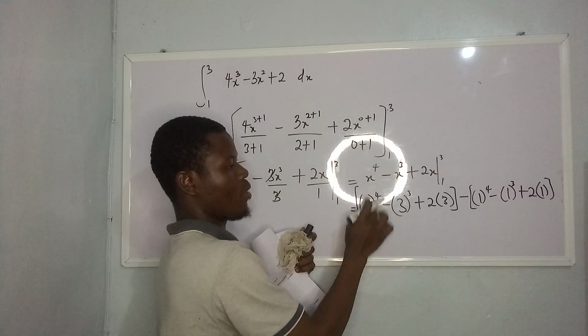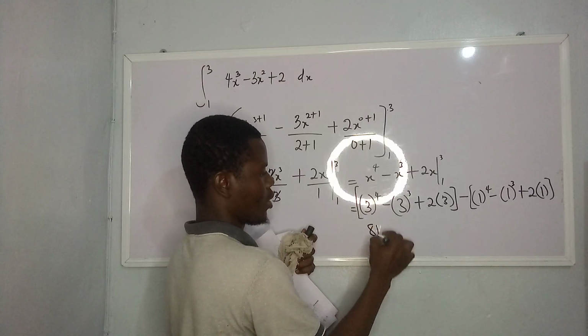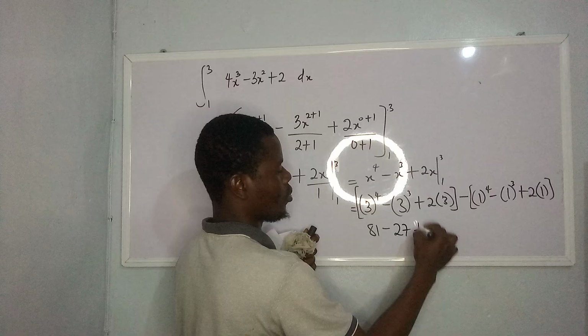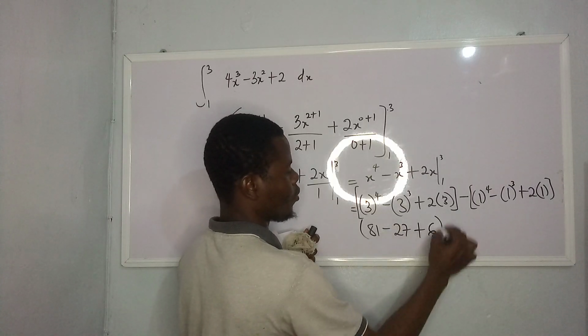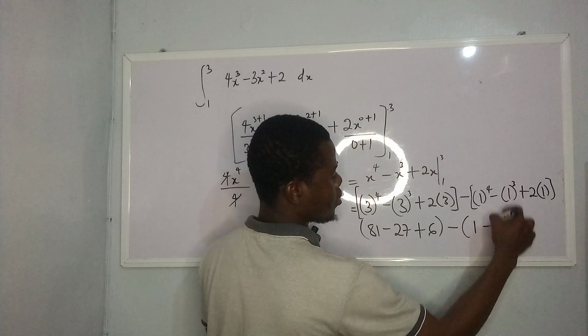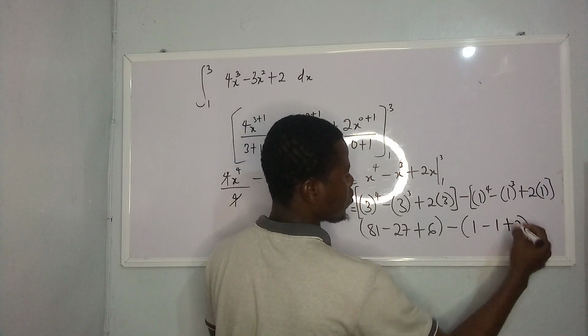So 3 raised to power 4 is 81, minus 3 raised to power 3, that is 27, plus 6. That's what we have for this one. Then minus 1 raised to power 4 is 1, minus 1, plus 2.